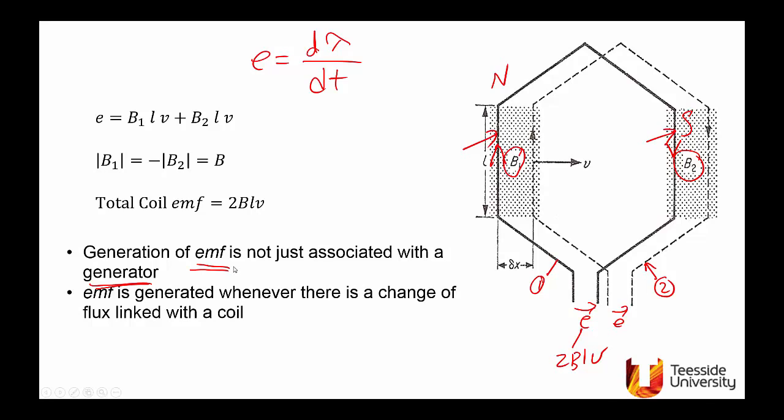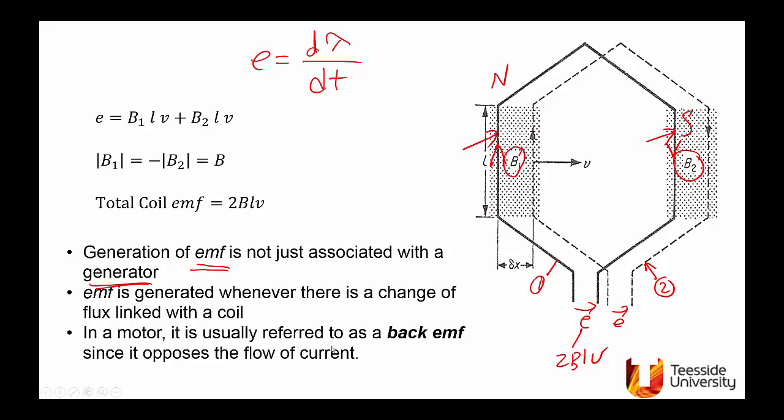This EMF is also generated in the motor, but in the motor we normally refer to it as the back EMF. Why back EMF? Because it opposes the flow of current into the motor. We will come to that in more detail when we discuss specific motor topologies.